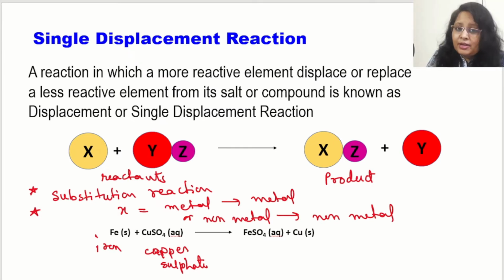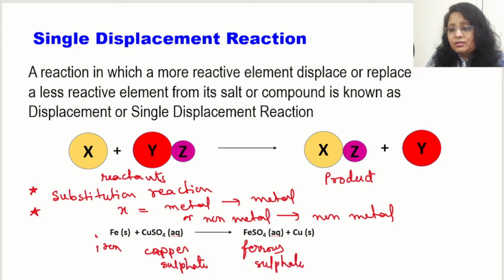Copper is in a compound form, copper sulfate. So iron is a more reactive metal than copper metal. So iron will replace the copper from its salt and makes the iron sulfate. This is ferrous sulfate, and copper is removed and collected on the iron nail in the form of copper crystals.